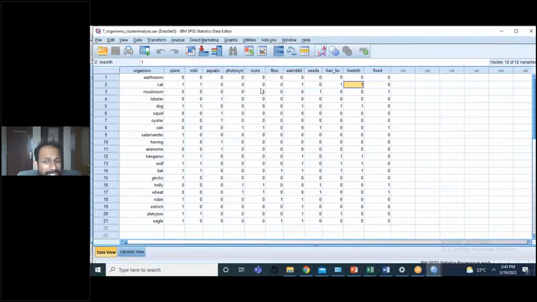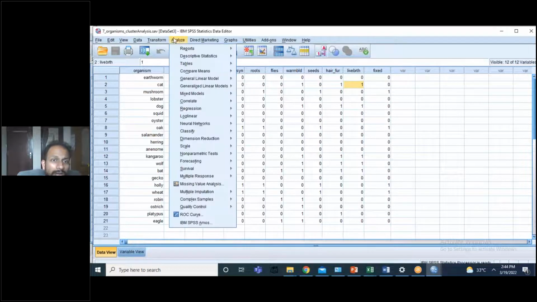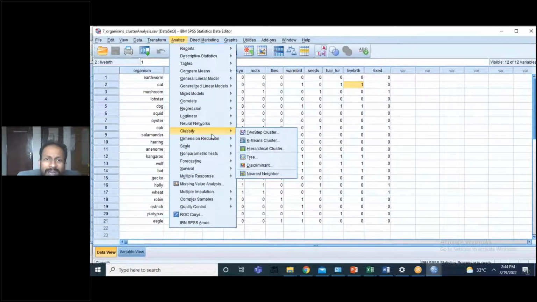There are two ways that we can do cluster analysis. The most critical thing in cluster analysis is determining how many clusters there should be. Do we need 2 groups, 3, 4, or 5 groups? That is the most important thing. For that, I go to Analyze, then Classify.